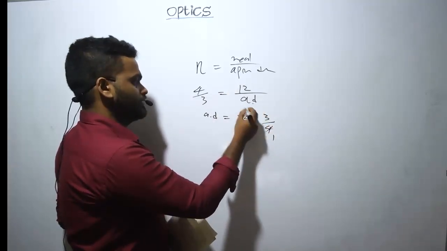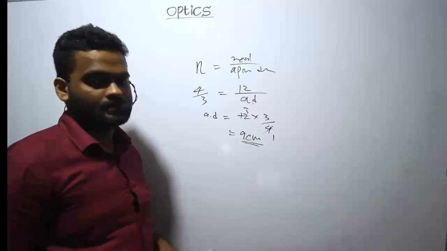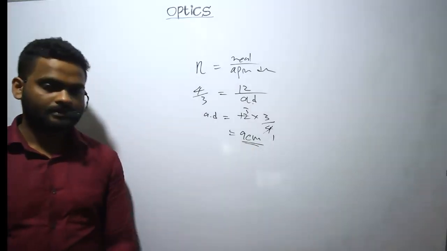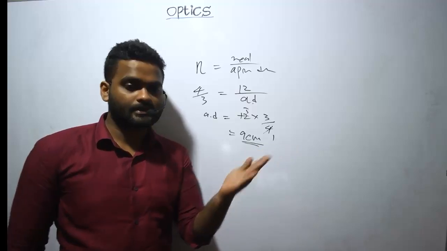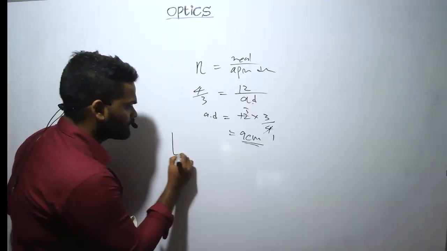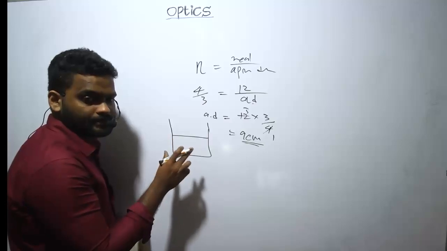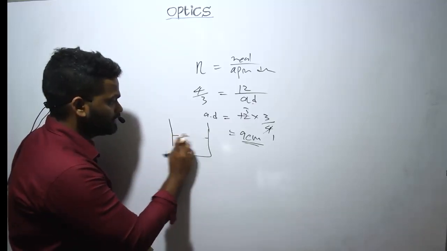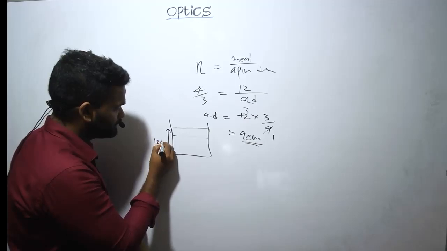3 times 3, that is 9. It should be 9 centimeters, because it has to lift upwards. So if you have a beaker, if you want, you can draw this from the side. Water is actually filled to a 12 centimeter level.